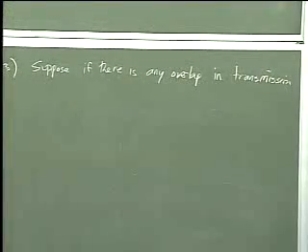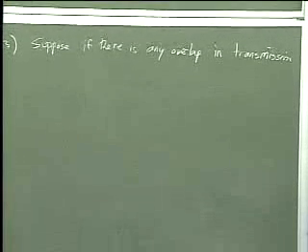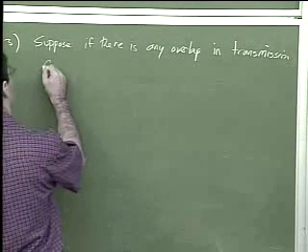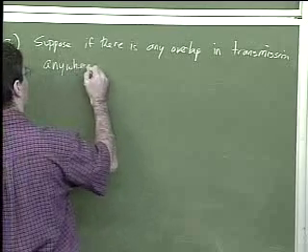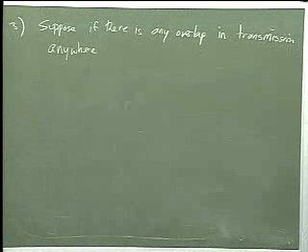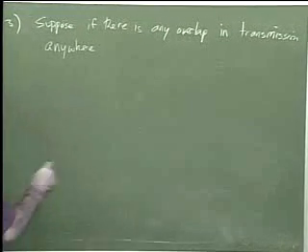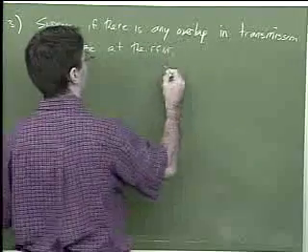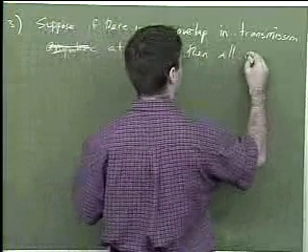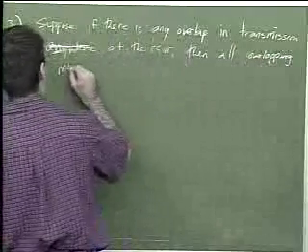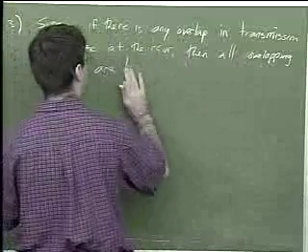let me just make sure I do this right. Okay, at the receiver, then all overlapping messages are corrupted.